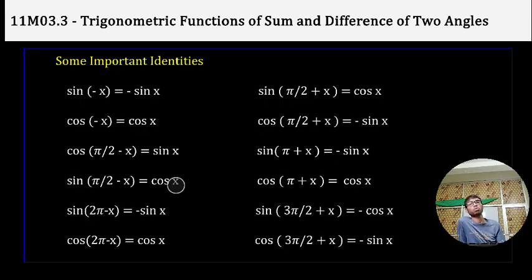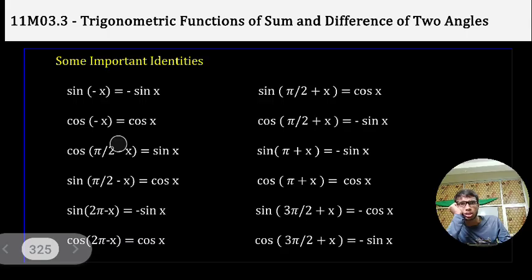It is in the first quadrant, it is at 0. And this is at 90 degrees, perpendicular, and then 3 pi upon 2, what's happening?